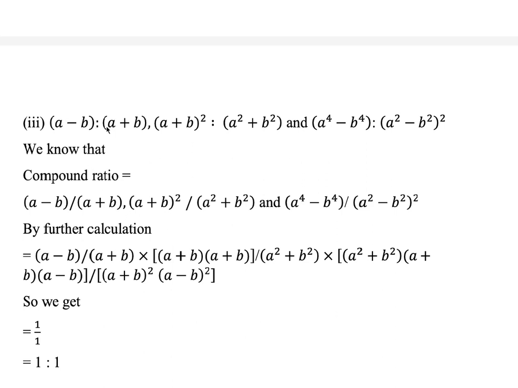Come to the next point. A minus B is to A plus B, A plus B square is to A plus B whole square, and A to the power 4 minus B to the power 4 is to A square minus B square whole square.